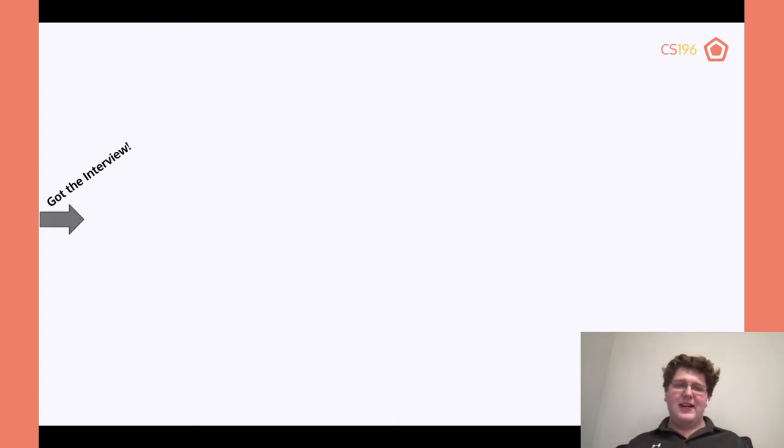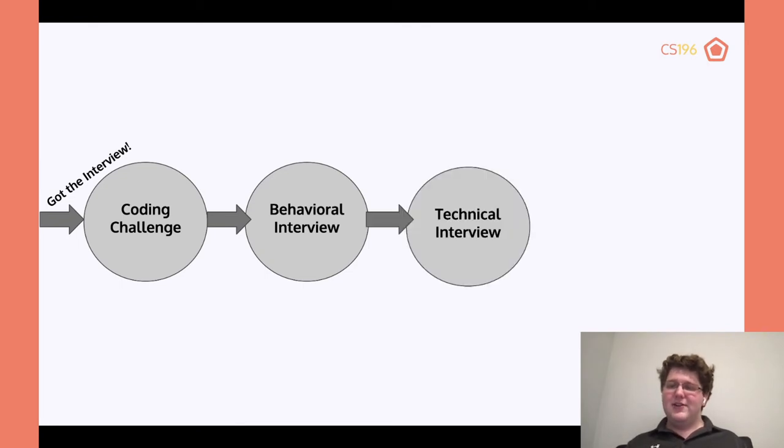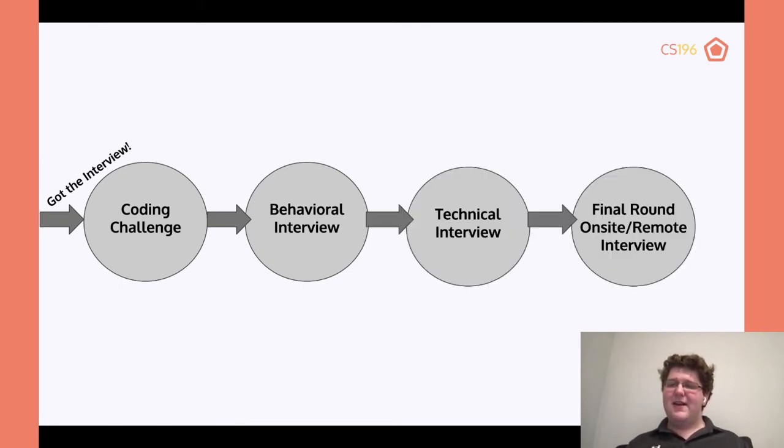So, getting the interview. This is a really important step, and that's the first step that you have to go on. Once you've gotten the interview, you're going to have to do a coding challenge. Then you're going to have a behavioral interview, and then a technical interview, and finally a final on-site or remote interview.